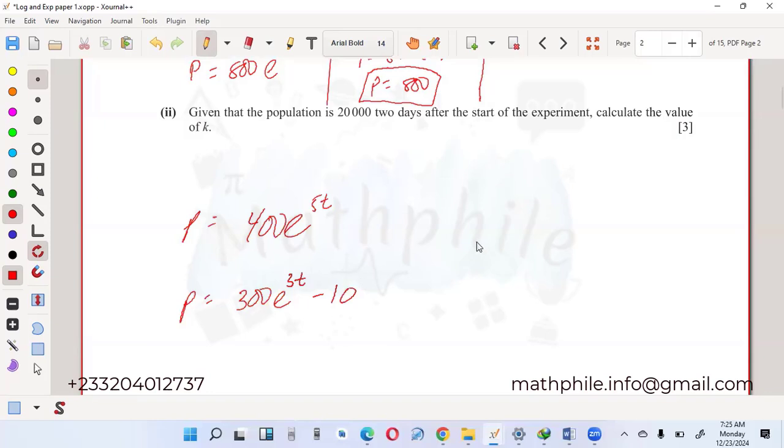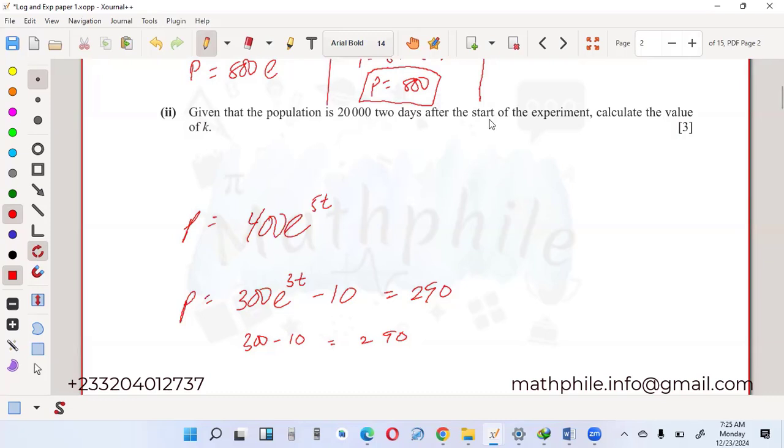What was the initial population? 290. I thought you said 300. So this will give you 300 minus 10, and this equals 290. So initial population is going to be 290. So for you to find the initial of anything, you should know that the time is equal to 0. We good? Yeah. Great.